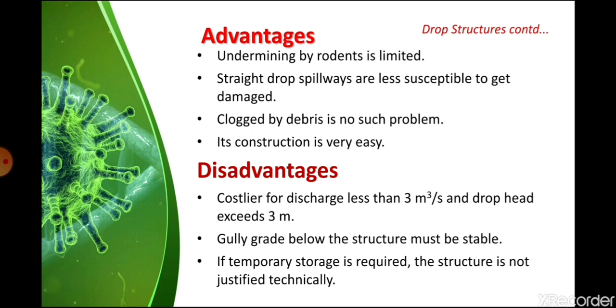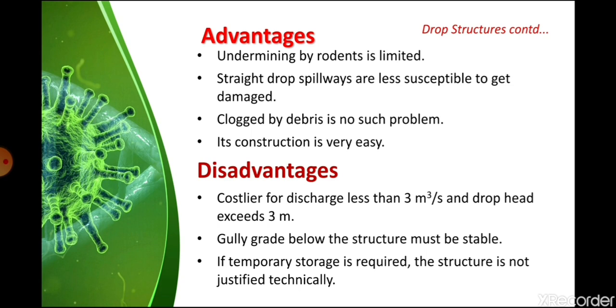So there is an advantage that there would not be much effect of rodents, and there is very limited chance of clogging. The construction is a little expensive, but construction is very easy. I told you for the drop structures it's costlier, but easy to build.